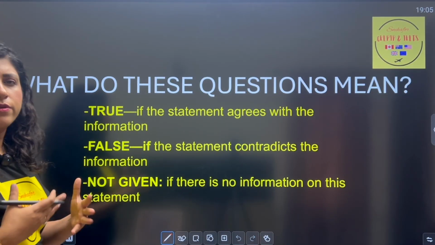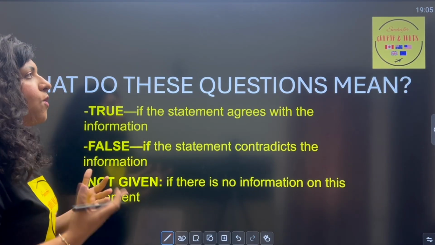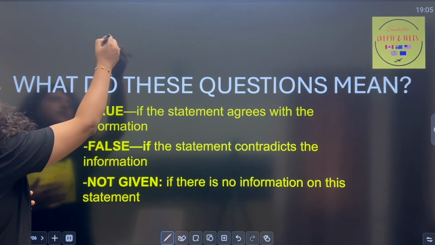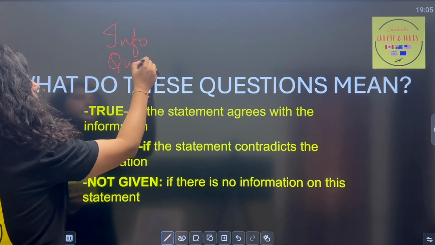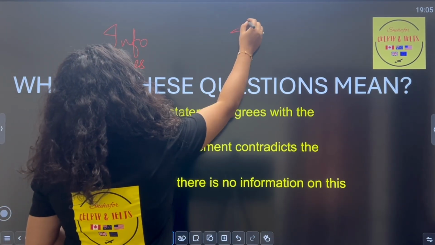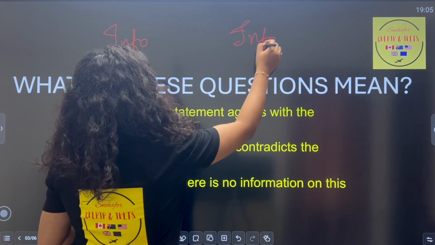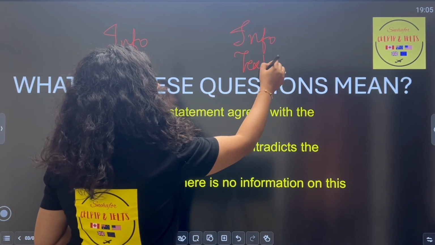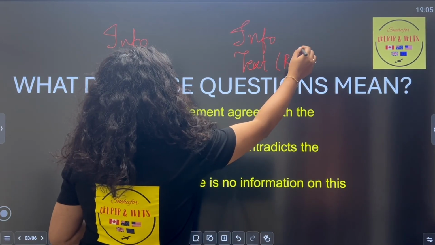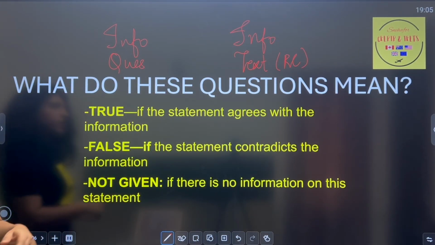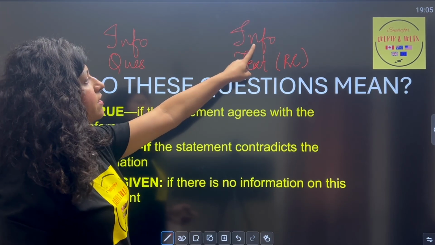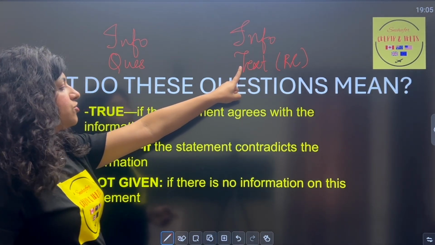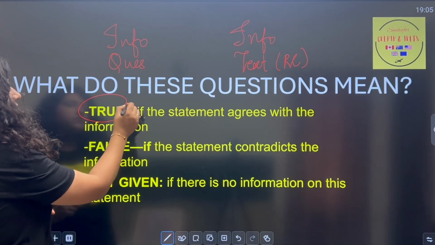So when I talk about these questions, what we have to do is match the information given in the question with the information given in the text, that is the reading comprehension. So if you think the information in the question completely agrees with the information of the text, you're going to mark your answer as true.